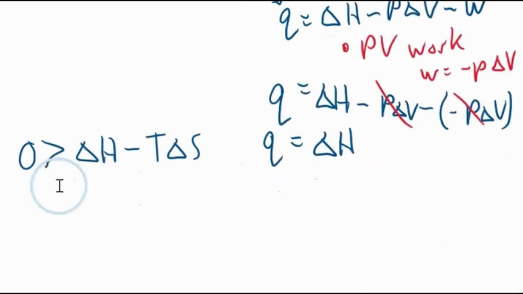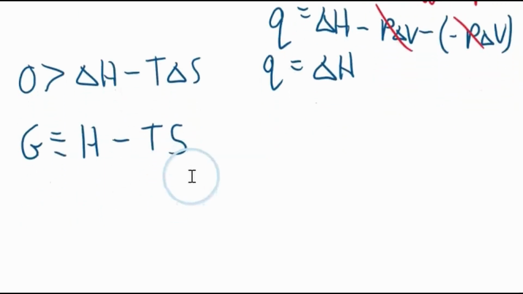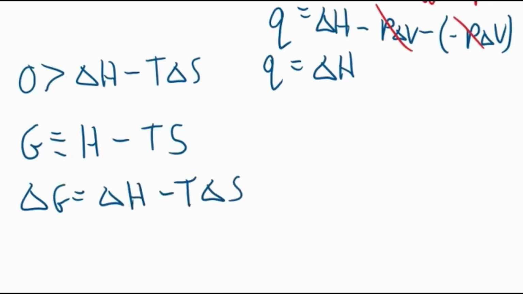And that's literally it. Now we're going to define a new state variable. G, Gibbs energy, is defined as the enthalpy minus temperature times the entropy. And if we allow for, again, constant temperature, then our change in Gibbs energy is equal to the change in enthalpy minus temperature times the change in entropy.